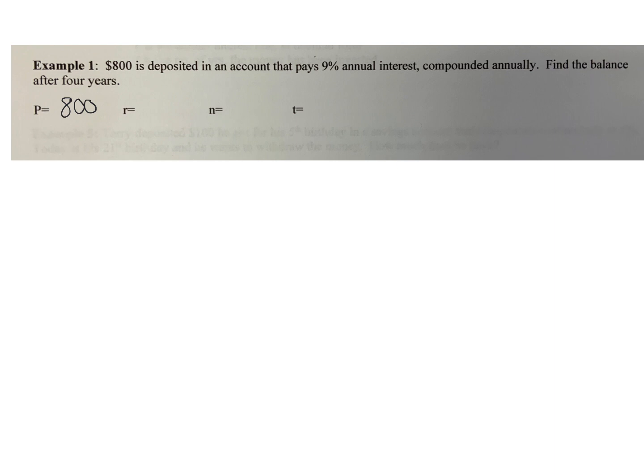So remember, if I have 9%, you have to move the decimal over twice to make the percentage become a decimal. So it's going to be 0.09. Compounded annually, so that means I'm compounded once. And it says find the balance after 4 years, so my T is 4.